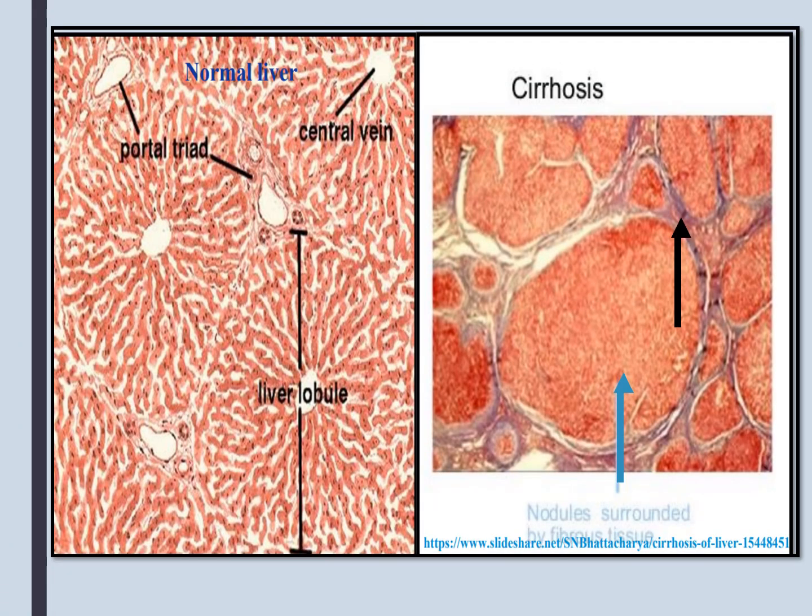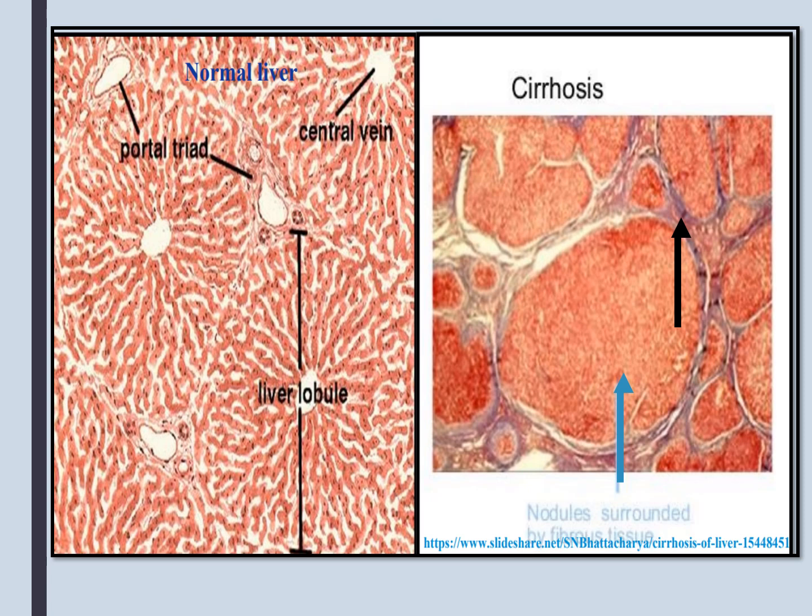This slide shows the differences between a cirrhotic liver and a normal liver on macroscopic examination. The normal liver, which is on the left, is composed of a large number of hexagonal lobules consisting of plates of hepatocytes surrounding the central vein with the portal tracts located at the periphery.